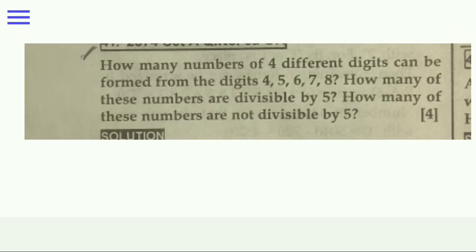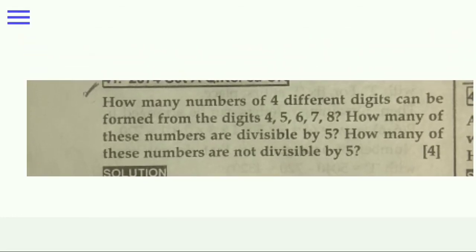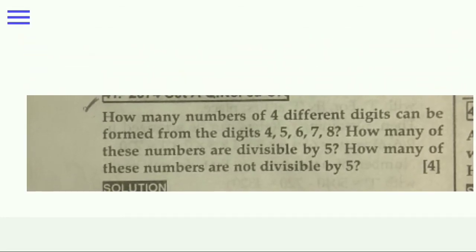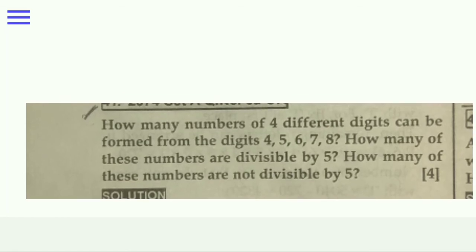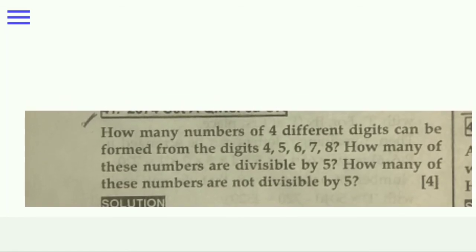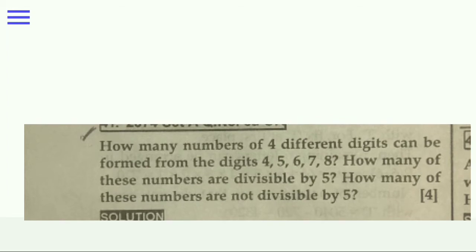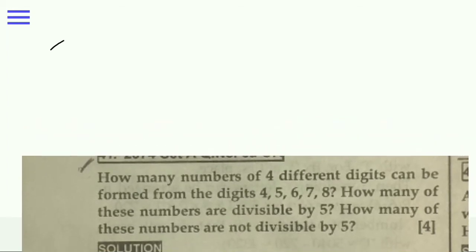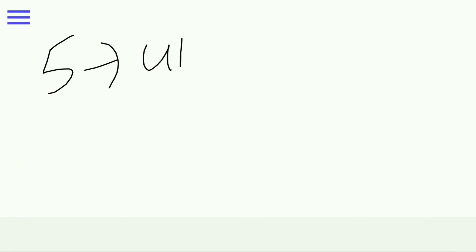And for the second part, it asks how many of these numbers are divisible by 5, and the third part asks how many of these are not divisible by 5. For the numbers that are divisible by 5, we must keep 5 in the unit place.